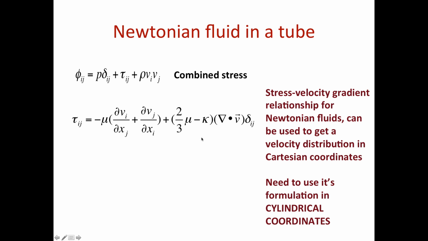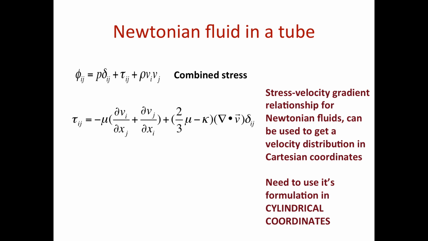This is the relationship between shear stress and velocity. Okay? So I might actually have the same shear stress in two different types of fluids, but the resulting velocity distribution will be very different. Okay, so I might have completely the same situation in terms of pressure difference, the same geometry.